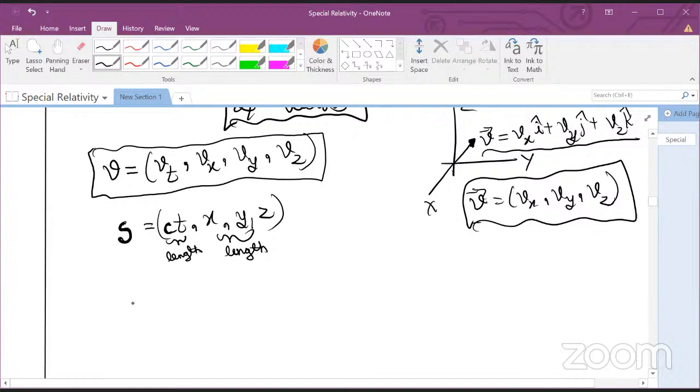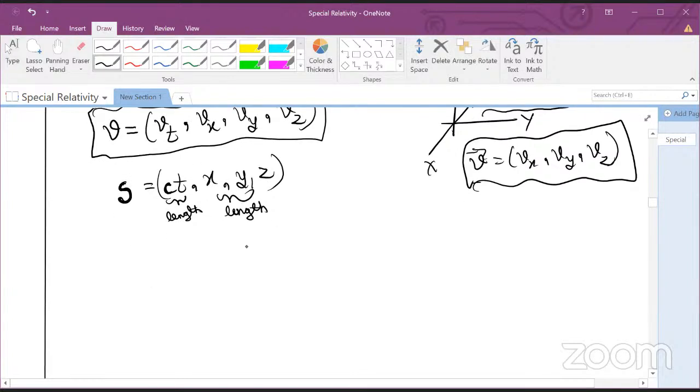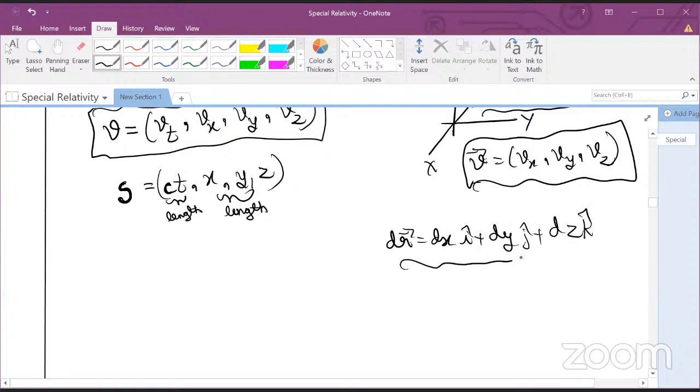Now, how about displacement in 4D? So we know in 3D, the dr vector is dx i cap plus dy j cap plus dz k cap, right? This is the displacement vector in 3D.